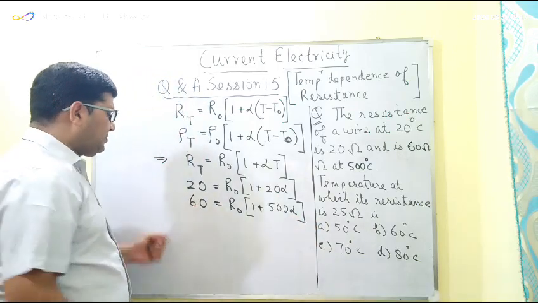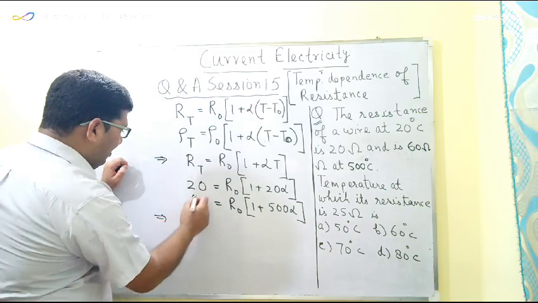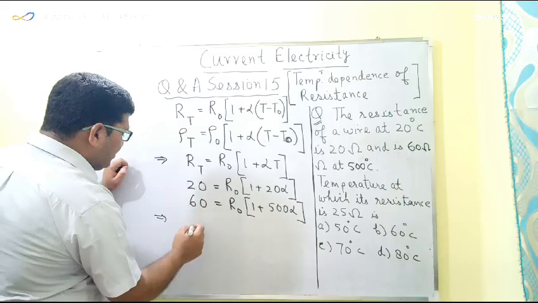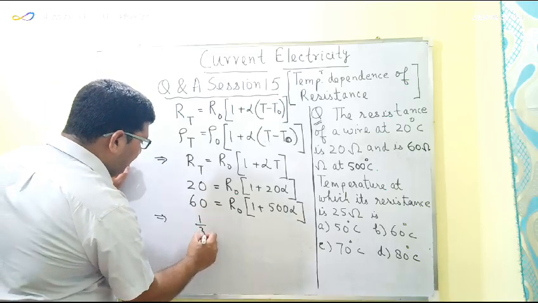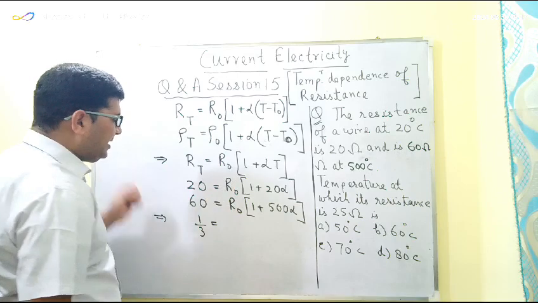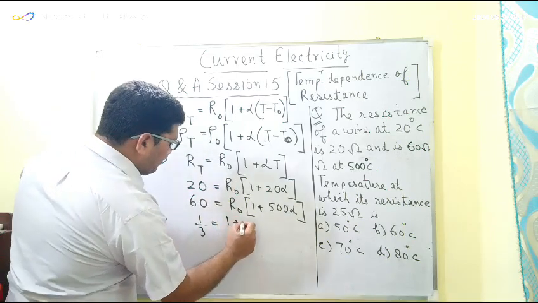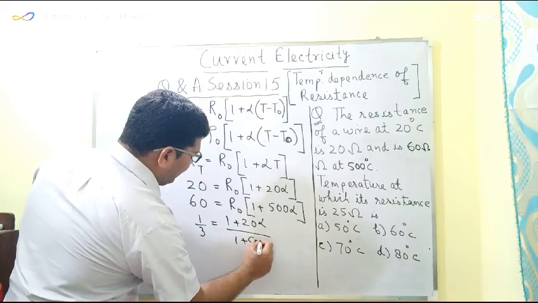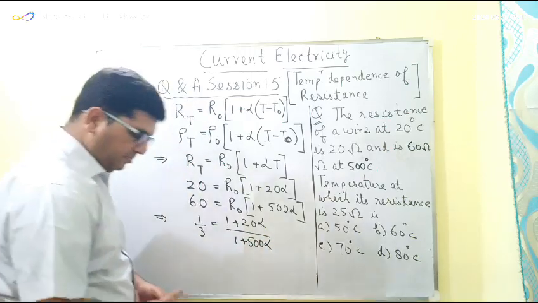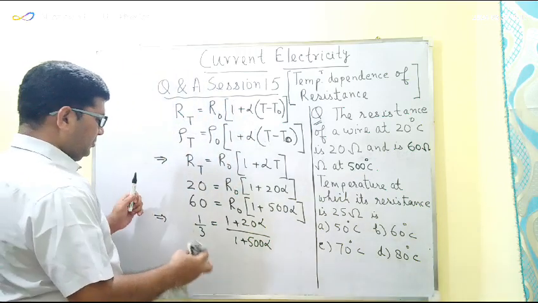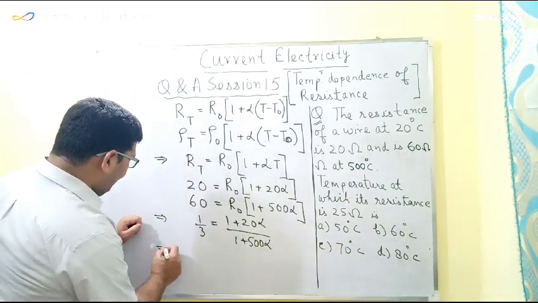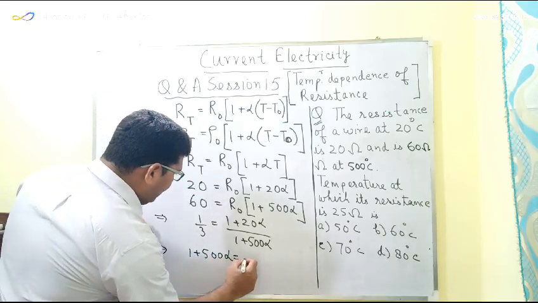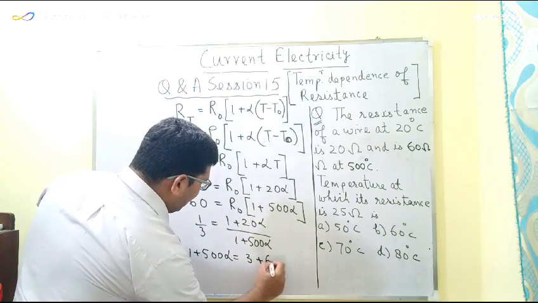Now from these two equations, I will simply divide them. So 20 upon 60 will be equal to 1 by 3, and R_0 will get cancelled out, and I will be getting (1 + 20 alpha) divided by (1 + 500 alpha). So from this equation, I will be getting 1 + 500 alpha is equal to 3 + 60 alpha.